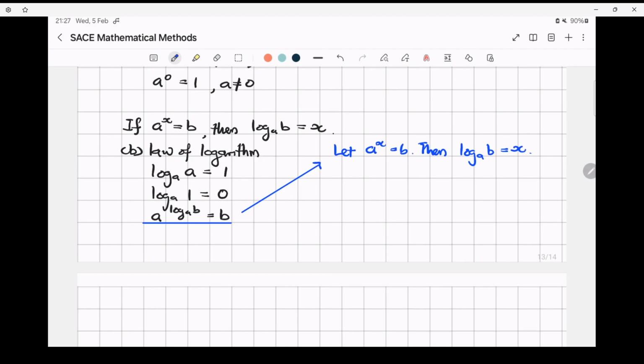But x is equal to log base a of b. So you can substitute this value of x back here. Therefore, a to the power of log base a of b equals b, which is what we need to prove.